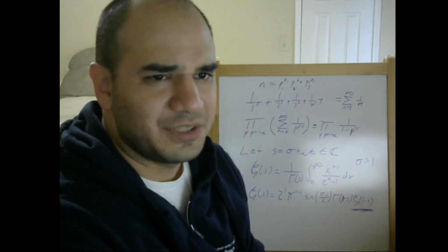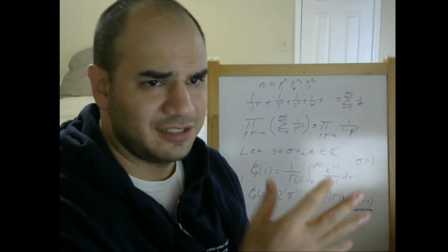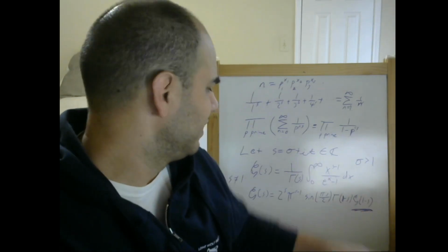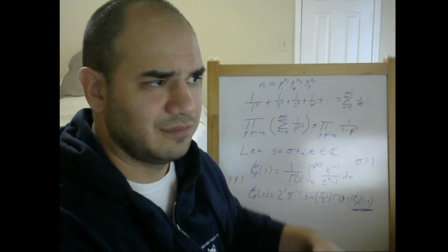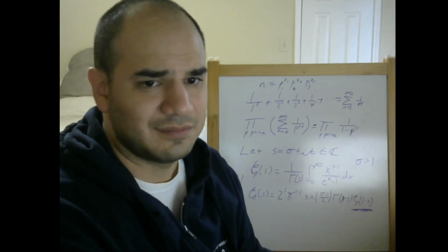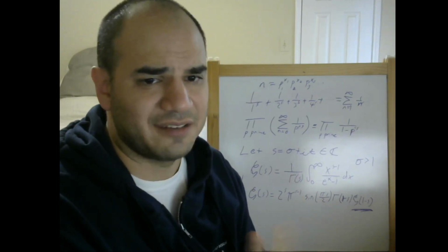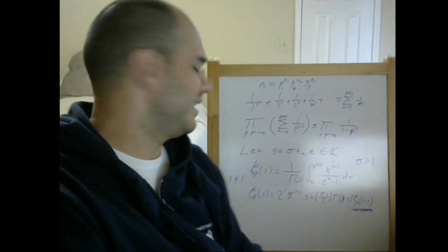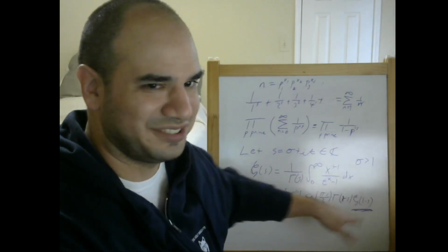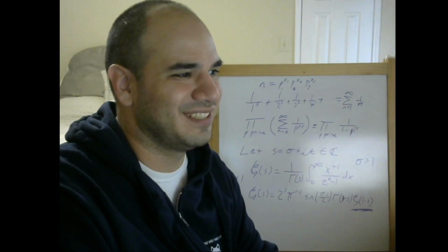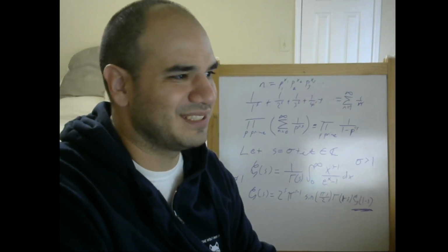So really, we just need to define it in this range between 0 and 1, and this functional equation would in fact demonstrate that we can define it for the entire plane. And it's really interesting that gamma and zeta are so closely related. Like gamma keeps showing up in its definition.